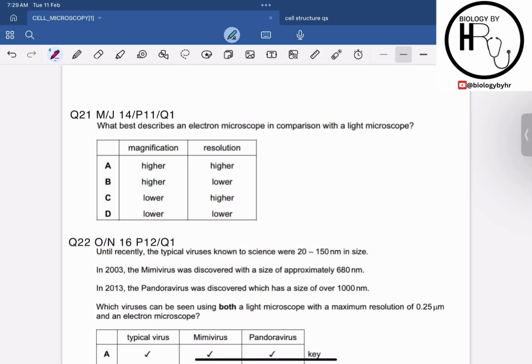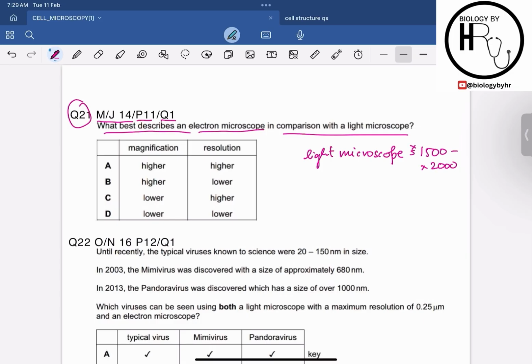Alright, so now let's move on to question 21 over here, which is from May June 14 paper 1 question 1. They are saying that what describes an electron microscope in comparison with the light microscope. If I talk about the magnification of the light microscope, it is typically from times 1500 to times 2000 approximately, right?